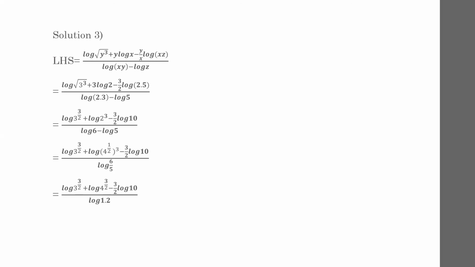So our next line becomes log 3 based 3 by 2 plus log 4 based 3 by 2 minus 3 by 2 log 10 divided by log 1.2. Now we can write the power of 3 and 4 as the coefficient of the logs. So 3 by 2 log 3 plus 3 by 2 log 4 minus 3 by 2 log 10 divided by log 1.2.